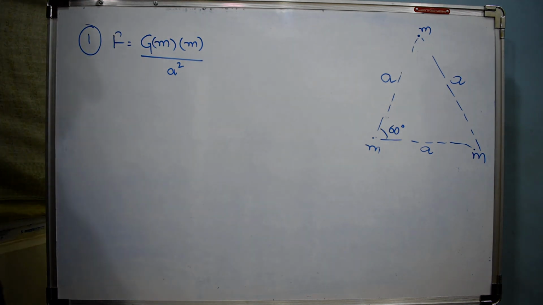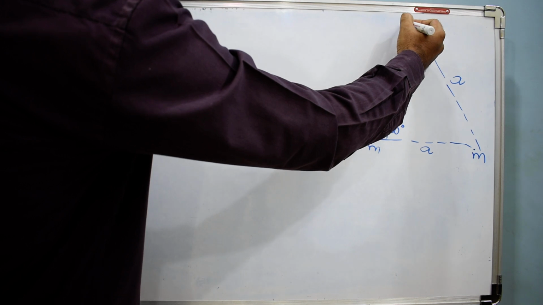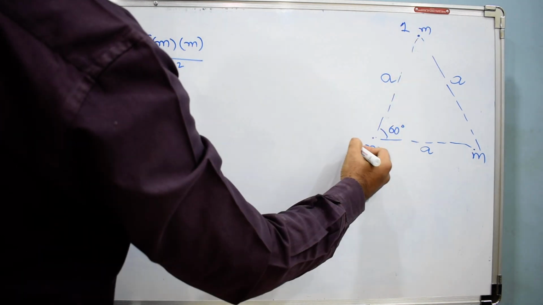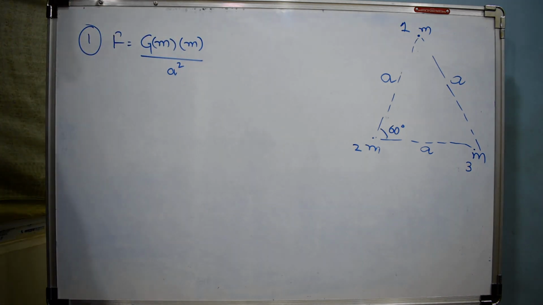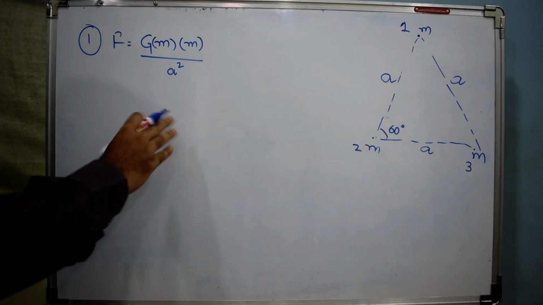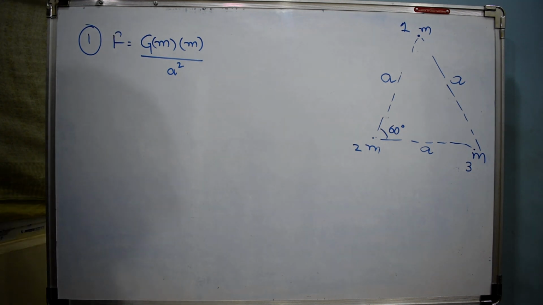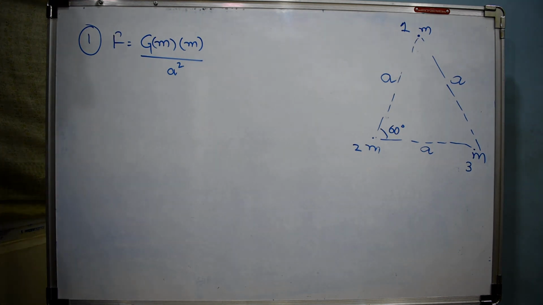For the sake of simplicity, we will give these masses numbers: mass number 1, mass number 2, mass number 3. Remember that these numbers are just for identifying different forces. They do not mean that they have different masses. All of them have the same mass.